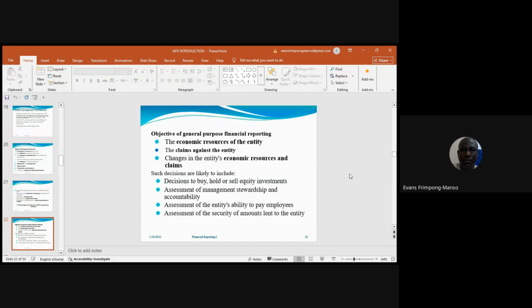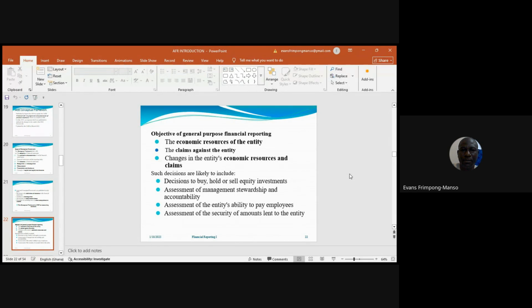And then the changes in these assets and liabilities within the year. If the preparers of the financial statements are able to provide such information, then users can use that information to make their decisions.